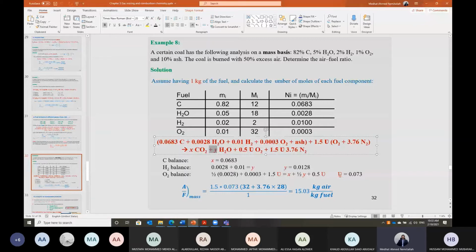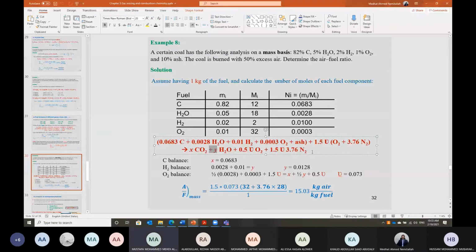Okay. In order to double check, can we do something else? Because you may have some error in calculating X, Y, or gamma. So can we double check with something else? Double check those values. Do we have any other element to balance?